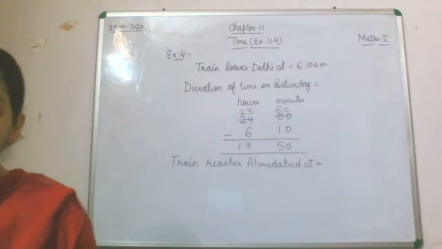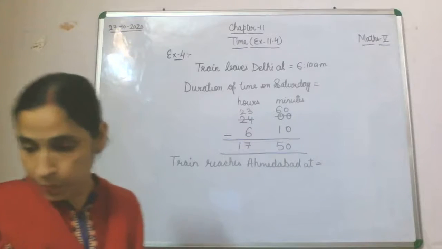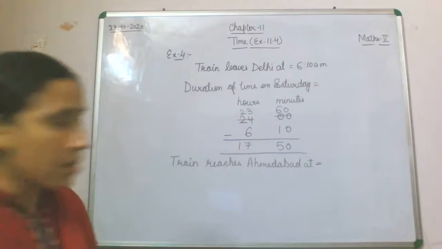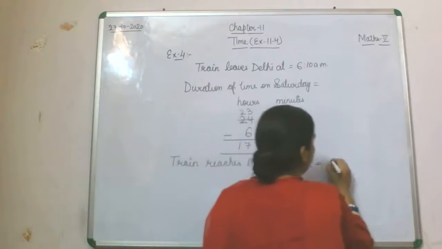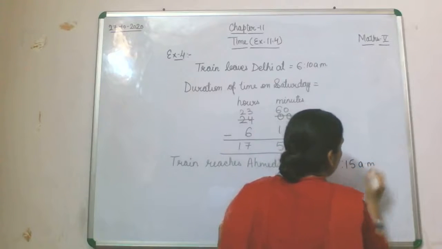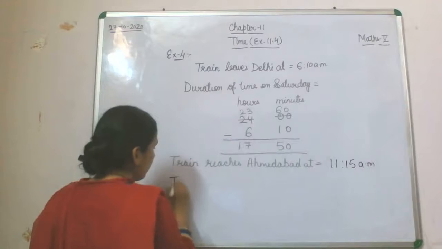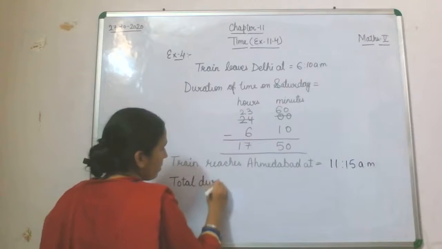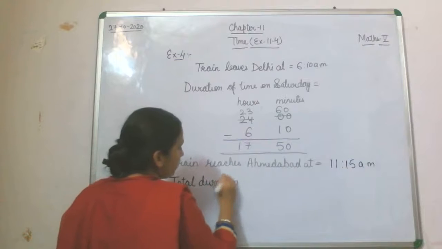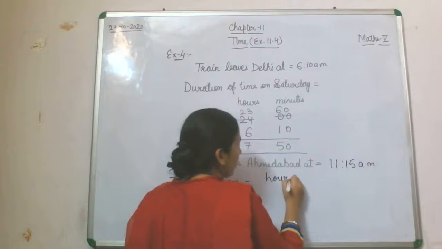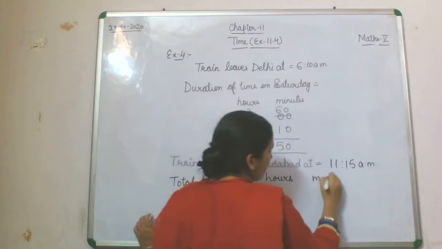So the train reaches Ahmedabad at 11:15 am. It means the total duration will be, we'll write hours and then we'll write minutes.